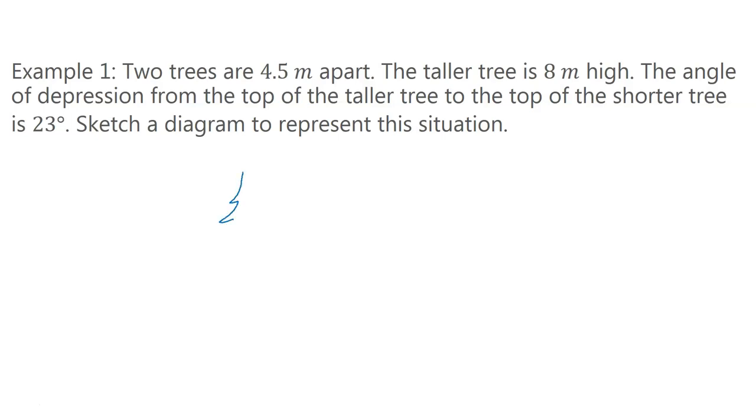Okay, so I'll say here's my taller tree, and here is my shorter tree. So the angle of depression, so that's formed when I draw a horizontal line and the line of sight down.